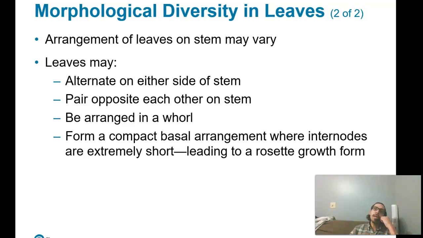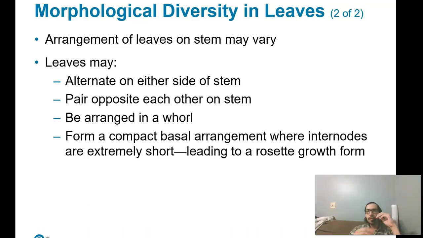Another thing you can see is the arrangement of leaves on the stem may vary. They can alternate from either side of the stem. They can be paired on opposite sides of the stem. They can be arranged in a whorl, or they can form a compact arrangement where the internodes are short.